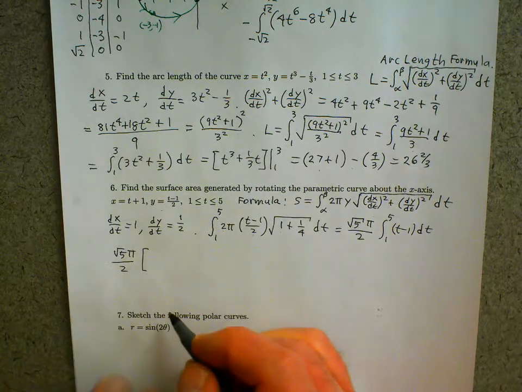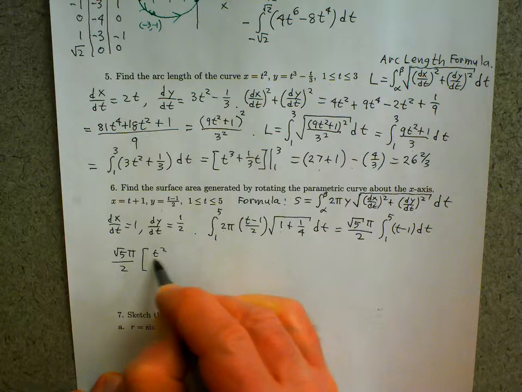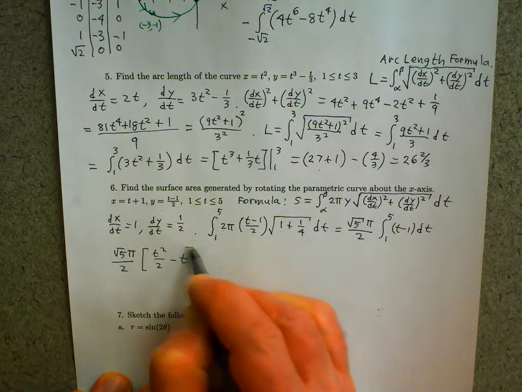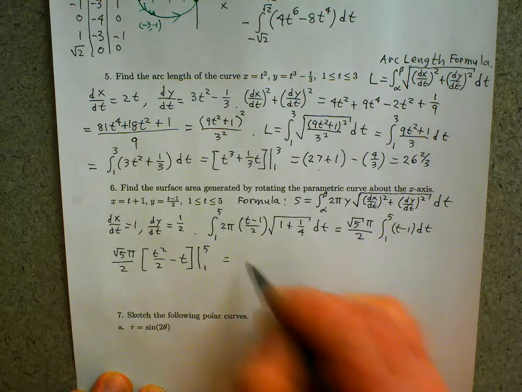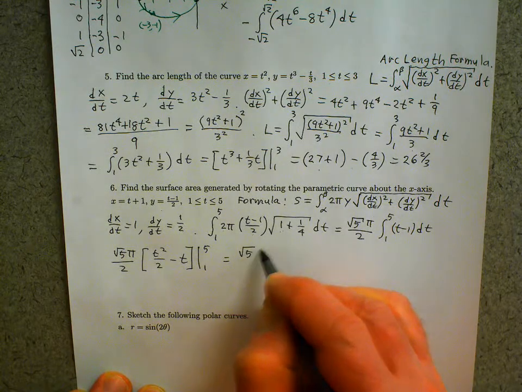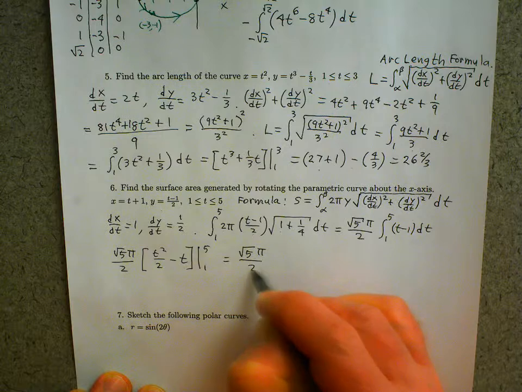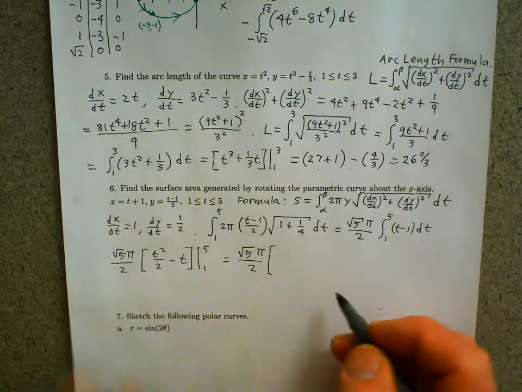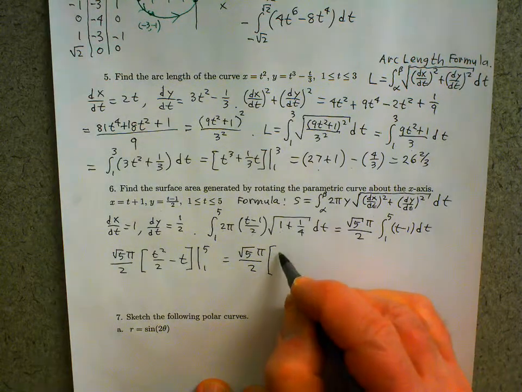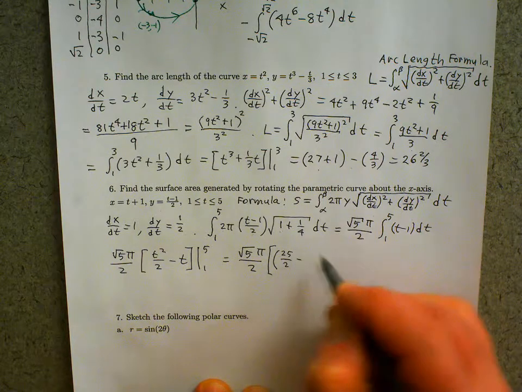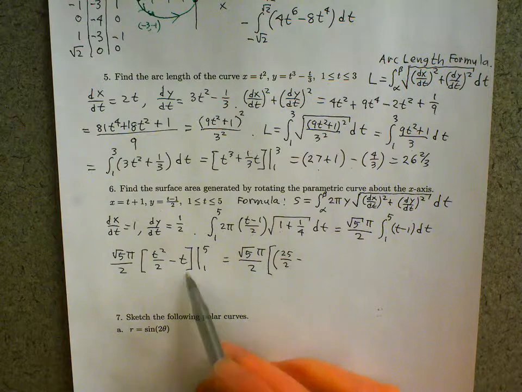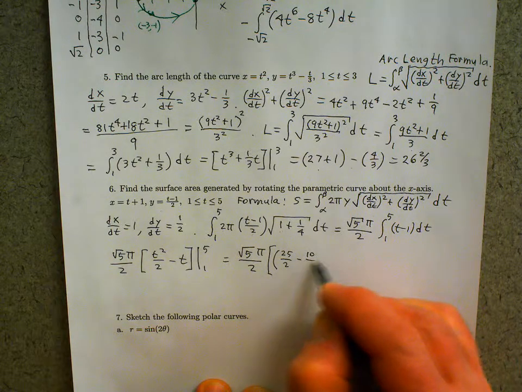And an antiderivative is t squared over 2 minus t, from 1 to 5. So when t is 5, we get 25 over 2 minus 5. I'll write that as minus 10 over 2.